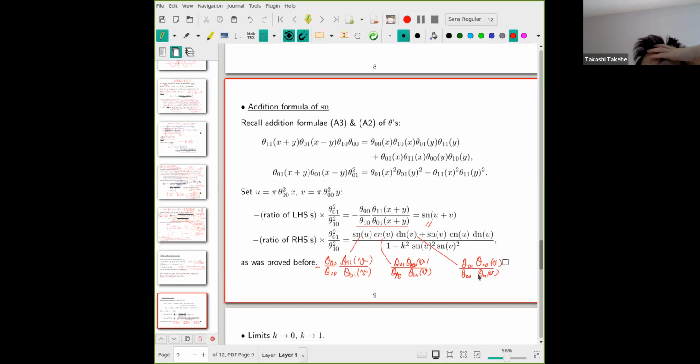So essentially, if we multiply denominators of the numerator of this expression, we have a ratio of some complicated polynomials of theta functions.